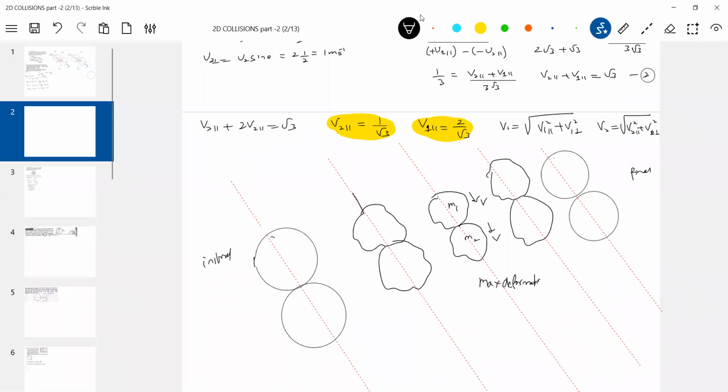So here an impulse JD will be acting, and they will have velocity say V1 parallel dash, V2 parallel dash. V1 perpendicular will be there. So I'll show that also. V1 perpendicular will not change throughout the problem.